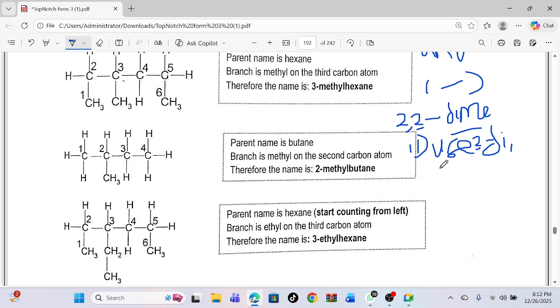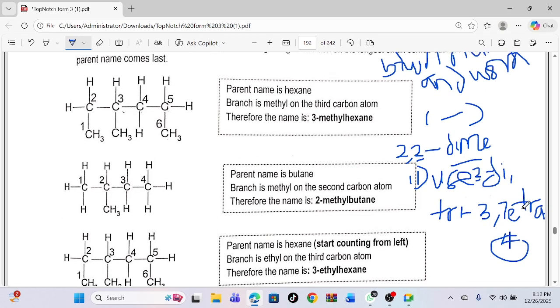Also, use tri for three. Then tetra for four. Use tetra for four. So if you have four, you say tetra.